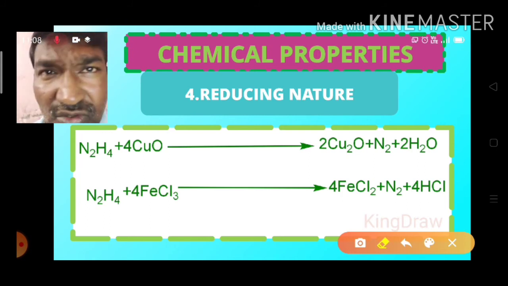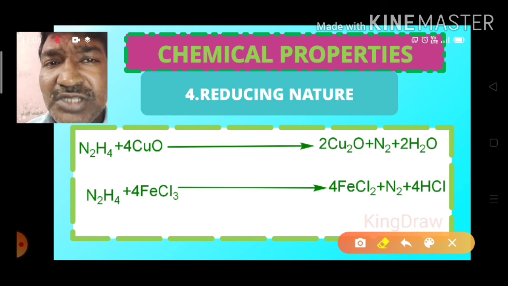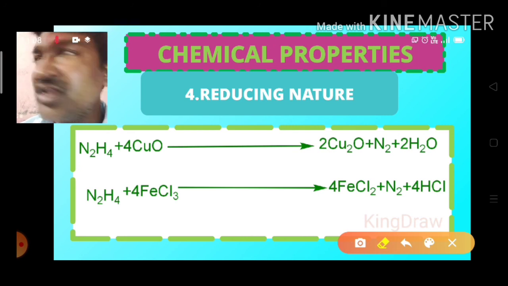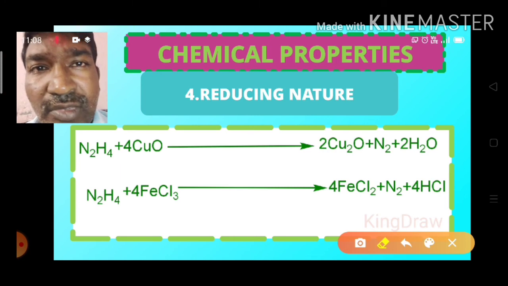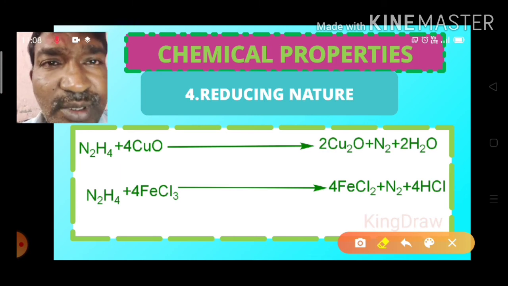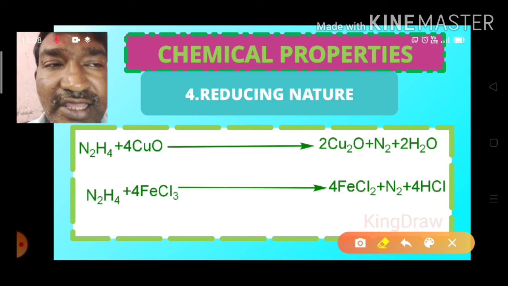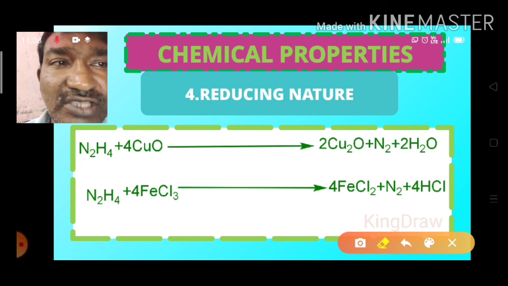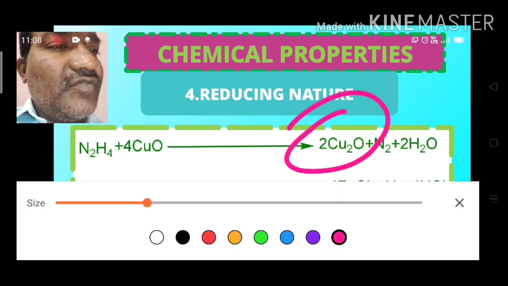We know very well that glucose and other monosaccharides respond positively to the Fehling's test. Like those carbohydrates, hydrazine is also responding positively to the Fehling's test. Here we get cuprous oxide, a red-colored precipitate.